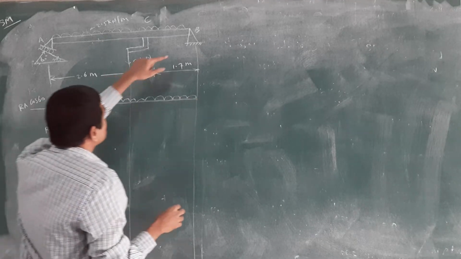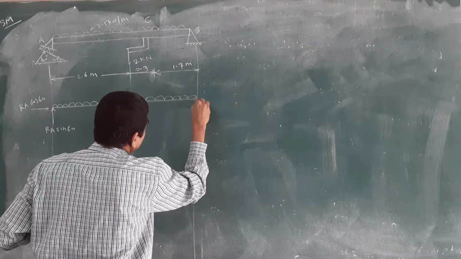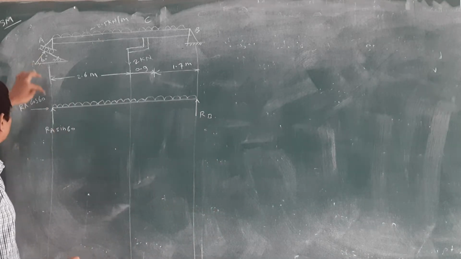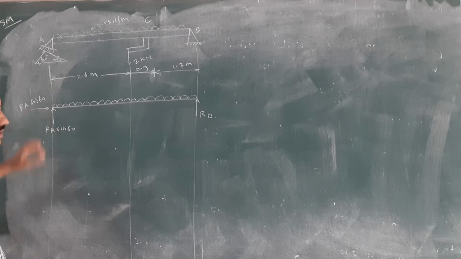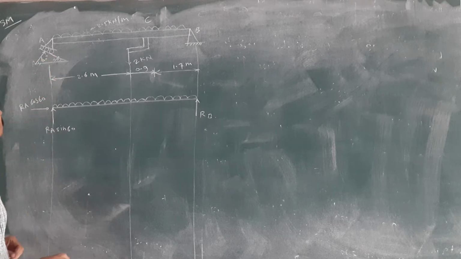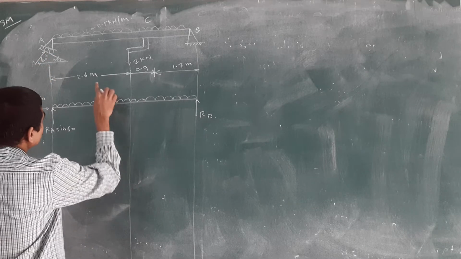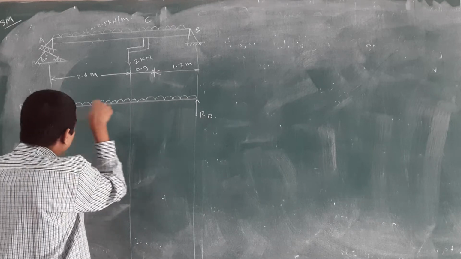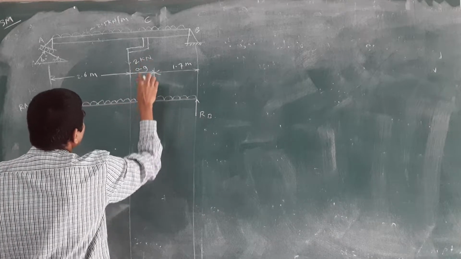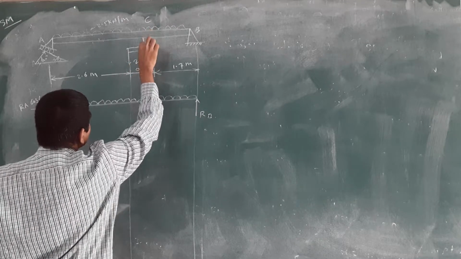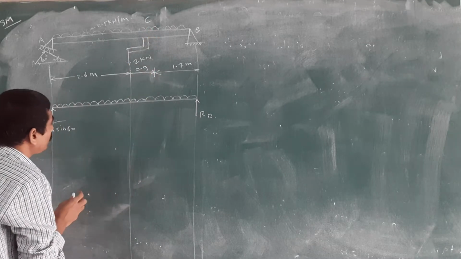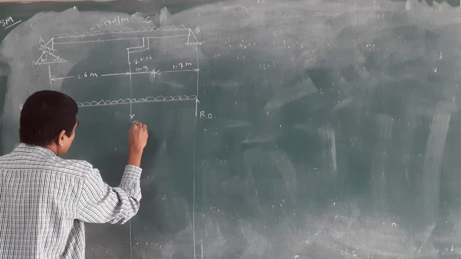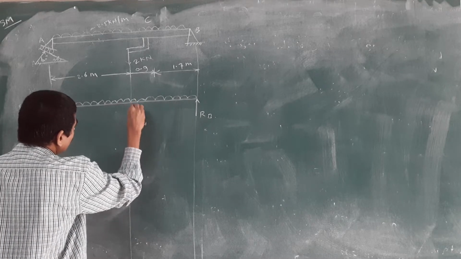There is one more support, a fixed base support. This always acts normal to the base of that given surface. The distance is given as 2.6 meters. See, when you convert that 2 kilonewton, actually 2 kilonewton is at the point C, right?